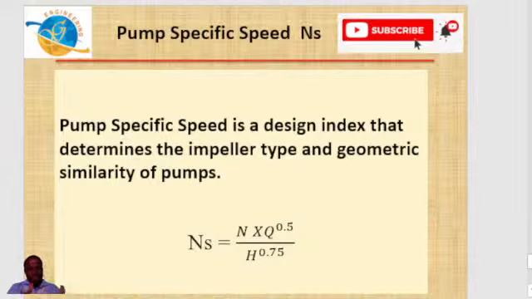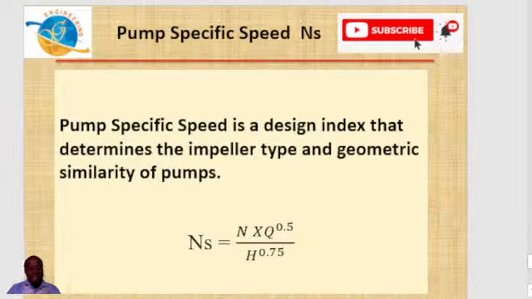N is the rotational speed, expressed in RPM. Q is the total pump flow rate, the pump total capacity, expressed in cubic meters per second. So if your flow rate is in cubic meters per hour, for you to use it in this expression, you have to convert it to what?